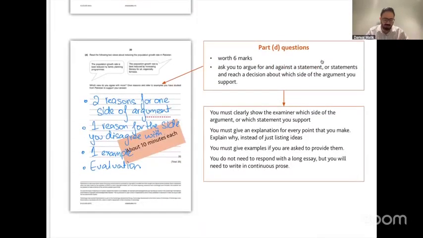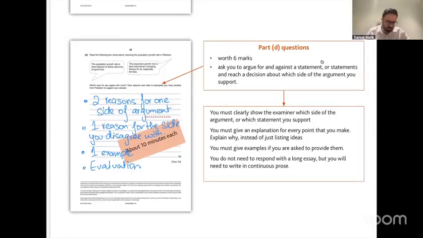Then comes the most important, the most difficult and the most confusing question, and that is the part D 6 marker questions. We will study in detail how to answer 6 marker questions.